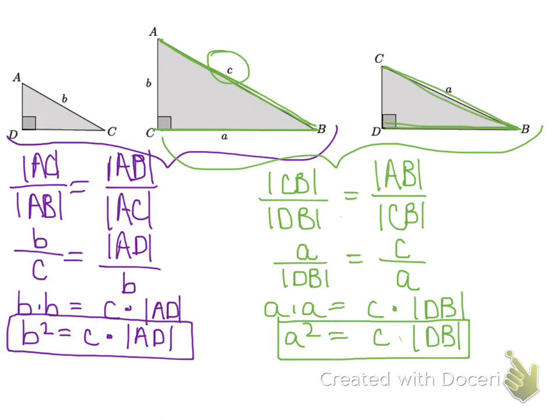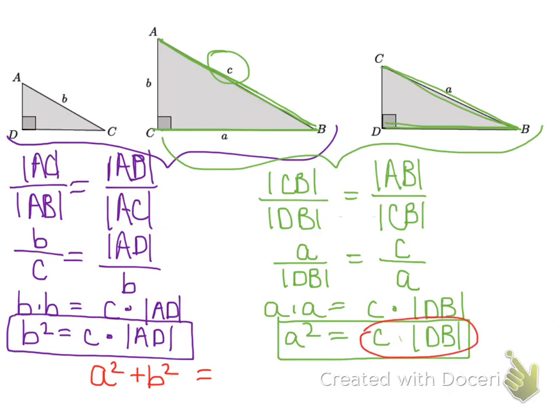But I know for the Pythagorean theorem that I want A squared plus B squared. So I'm going to add these two together. So I could say that A squared plus B squared should be the same as, now I know A squared is this right here.